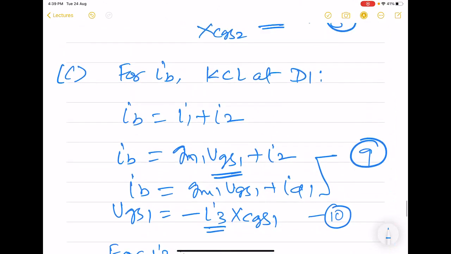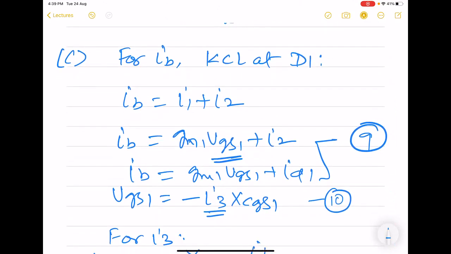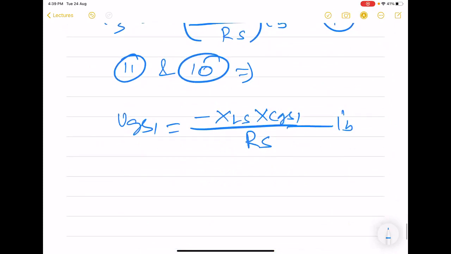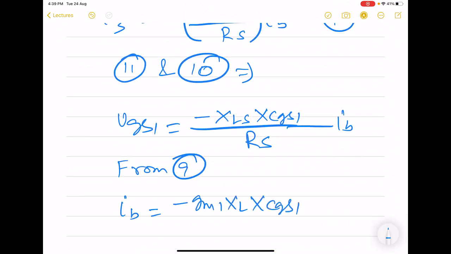Now once VGS1 is known, we can go to equation number 9 to find IB. From 9, we get IB is equal to minus GM1 XLS X CGS1 divided by RS IB plus ID1.